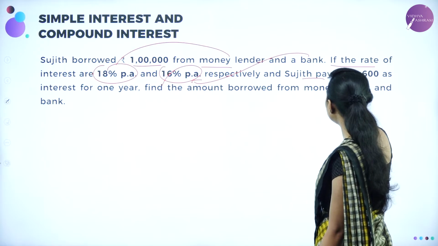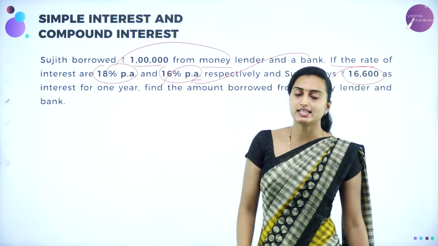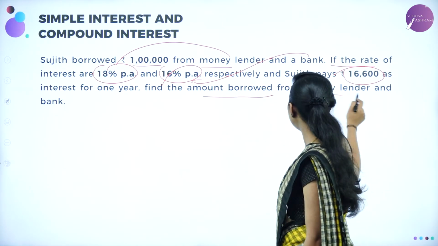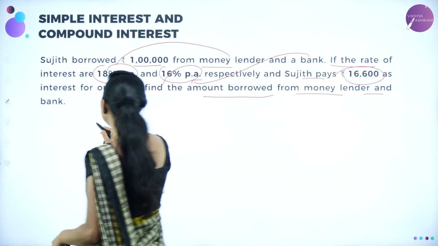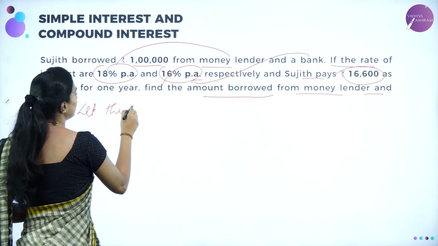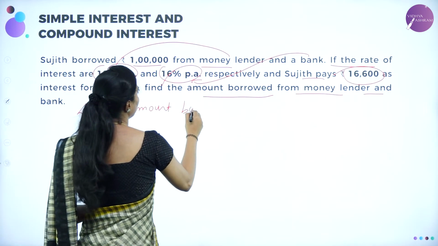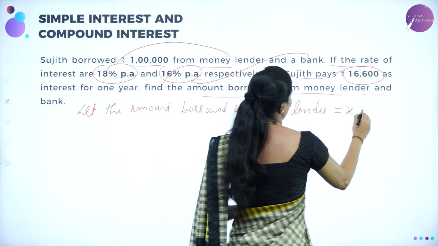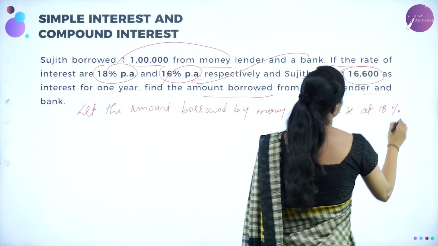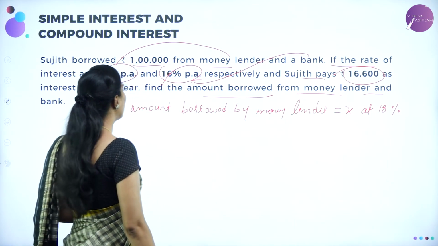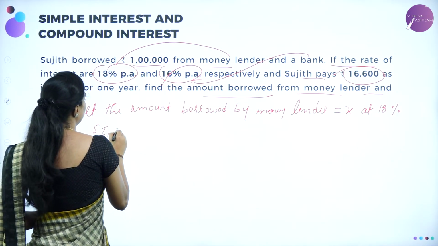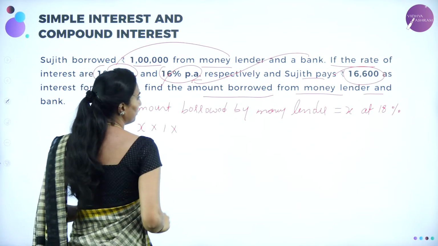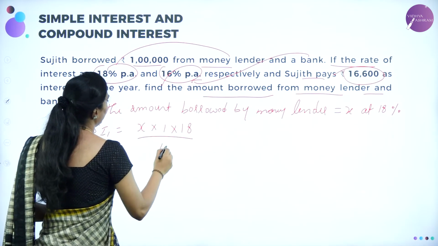And Sujit pays a total of 16,600 as interest for 1 year. Find the amount borrowed from the money lender and the bank. Let the amount borrowed from the money lender be X at 18% per annum. Therefore SI1 is equal to P, which is X, into 1 into the rate of interest 18 divided by 100.